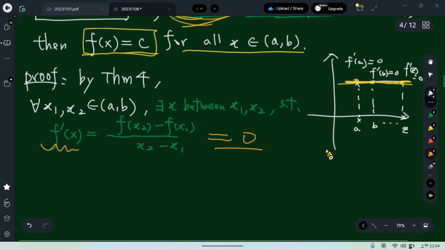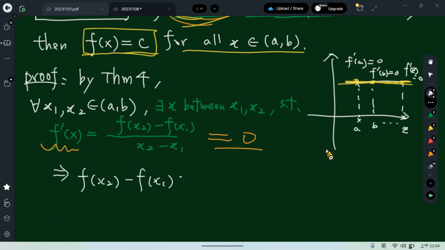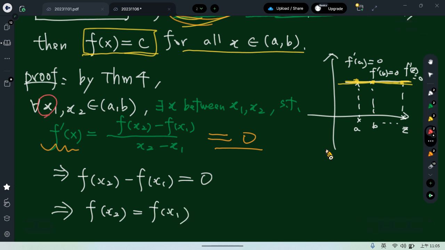So that we can get f of x2 minus f of x1 is 0. So that f of x2 is f of x1. So you just randomly pick up 2 points, and these points are different, but finally these two function values are the same. So only one situation can meet this result. That means f of x must be a constant. Otherwise, you cannot have such kind of result.